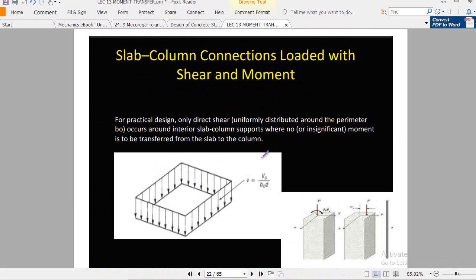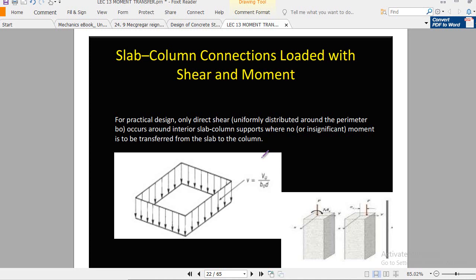Now after understanding the notation, the distances, what Z1, Z2 and B1, B2 mean, we come back to the main theme of the lecture, that in most practical cases the interior column is designed for pure axial load, okay.